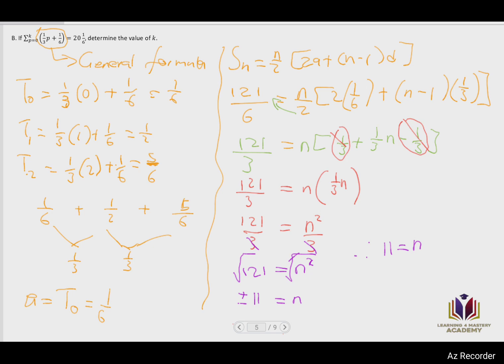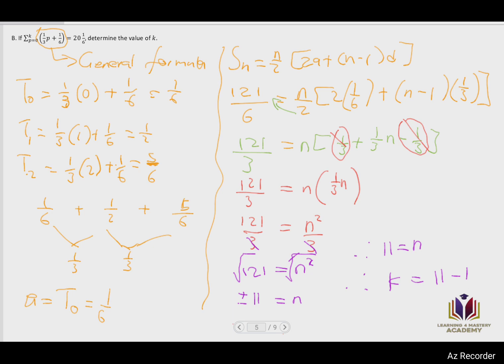But remember, we are not looking for n. We are looking for what? We are looking for k. And remember what I said. I said, if our n, starting from t0 to the last term, if the n is 11, it means k is going to be, therefore k is going to be the 11 minus 1.